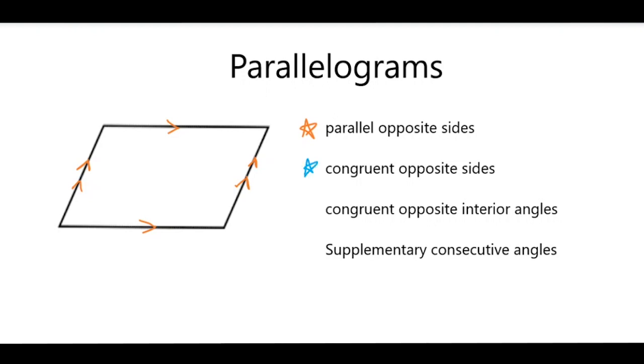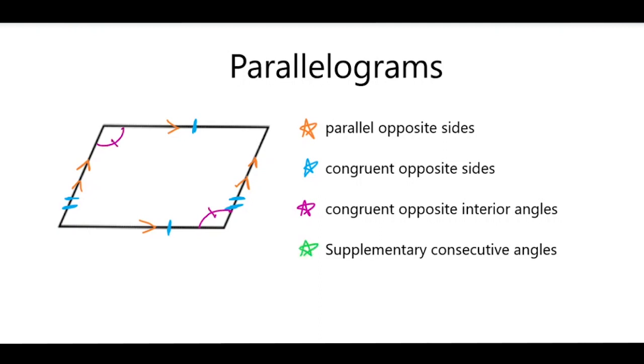They also have congruent opposite sides, meaning that this side and this side are congruent, so they have the same length. And also, this side and this side are congruent.